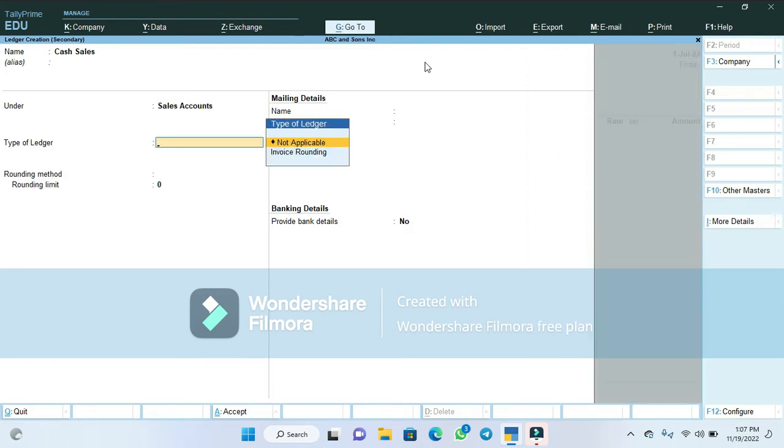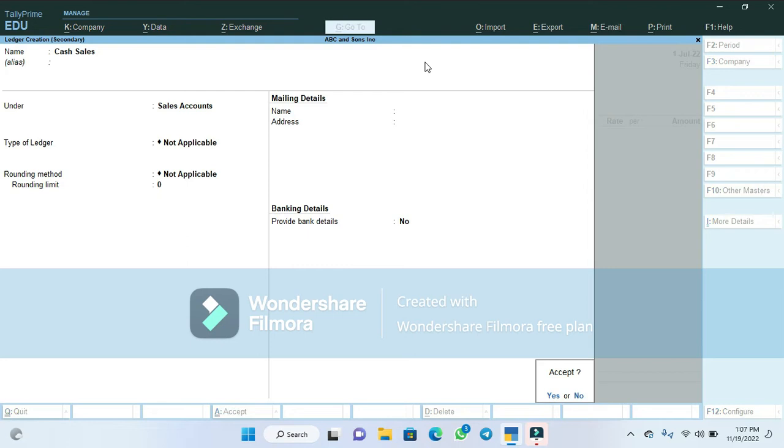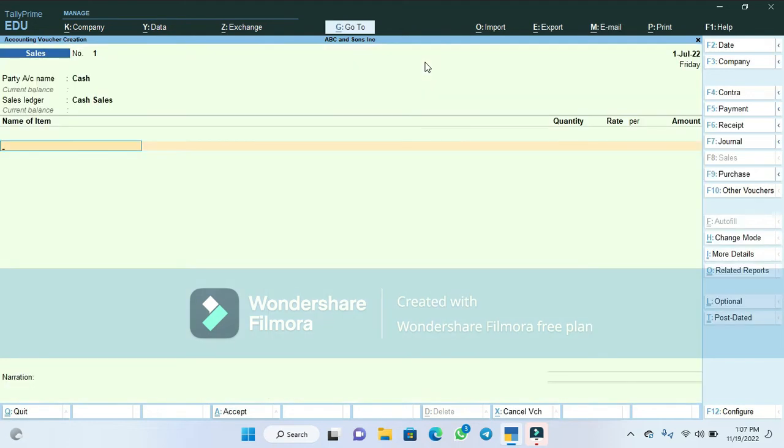Type of ledger, this is not applicable, but in case you want to customize it more, feel free to select any of those options in the drop down keys. Enter bank details, we don't want to disclose it, you say yes. So realize that we have sales ledger and we've selected cash sales.